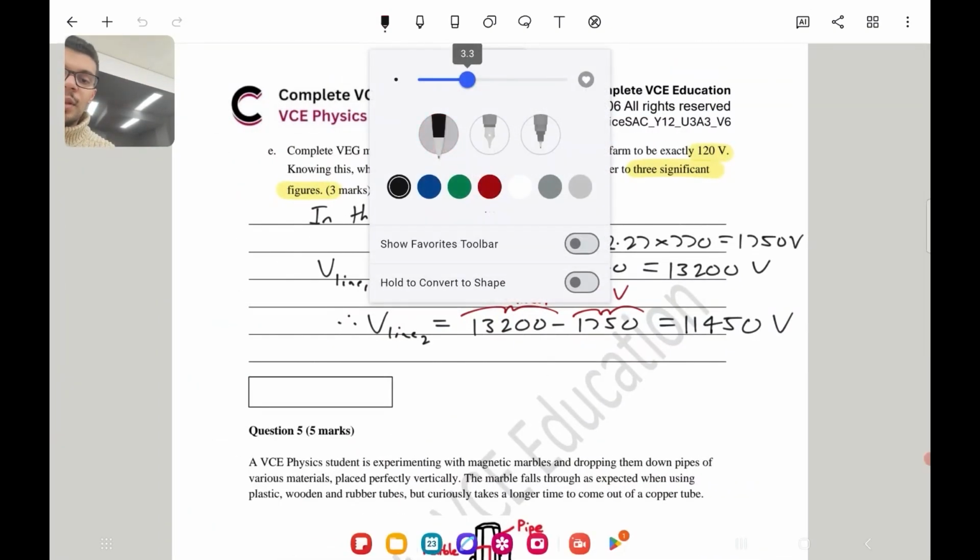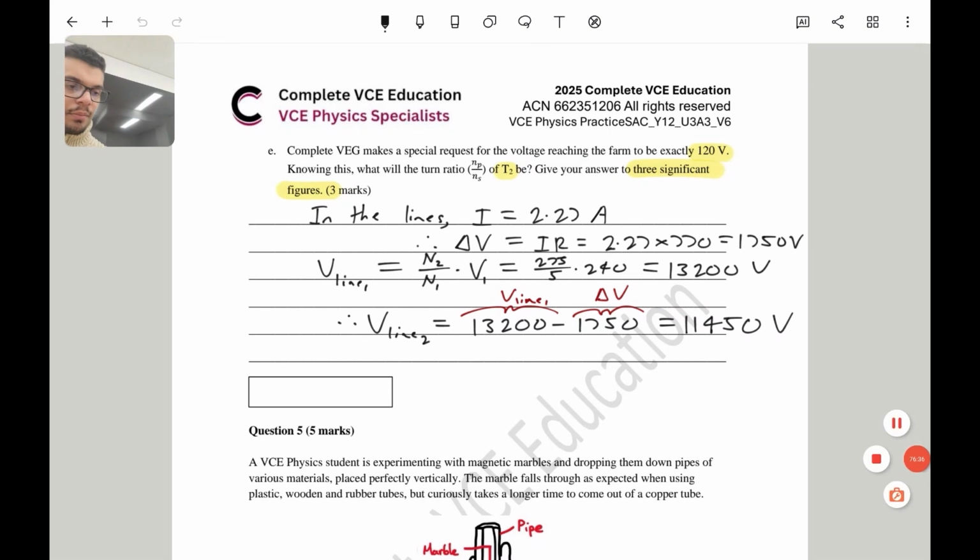Before we were dealing with T1, but now we are dealing with T2. So dealing with T2, N2 over N1 is equal to V2 over V1, where V1 is V line 2.